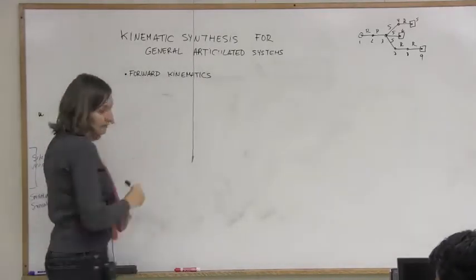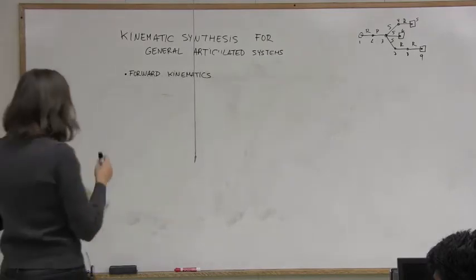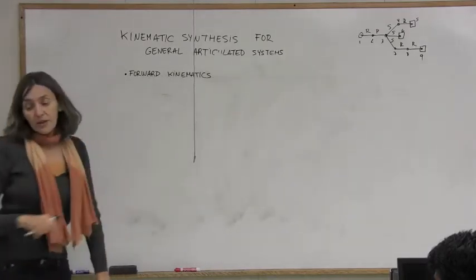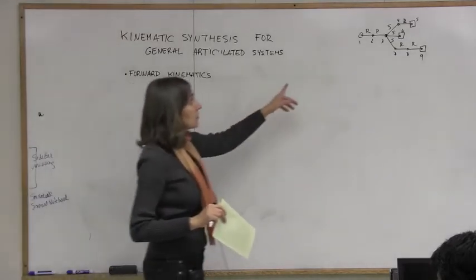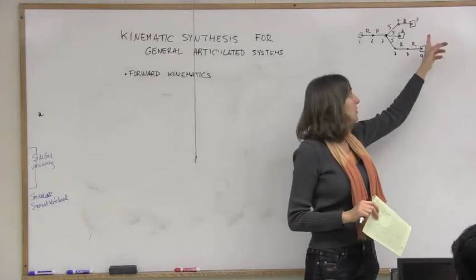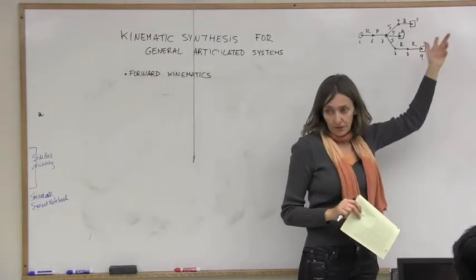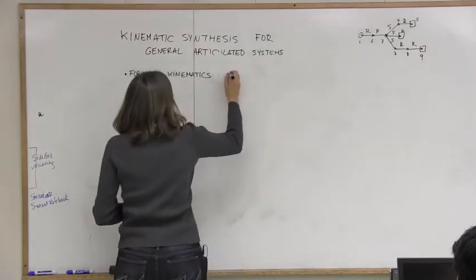So the forward kinematics, and let me just use my same notation here, which is the same that we use in our papers. What we need to do when we have more than one end effector is we need to write one forward kinematics equation for each end effector, because what you want is the set of positions and orientations of the end effector, right? So you will need one different one for each end effector.